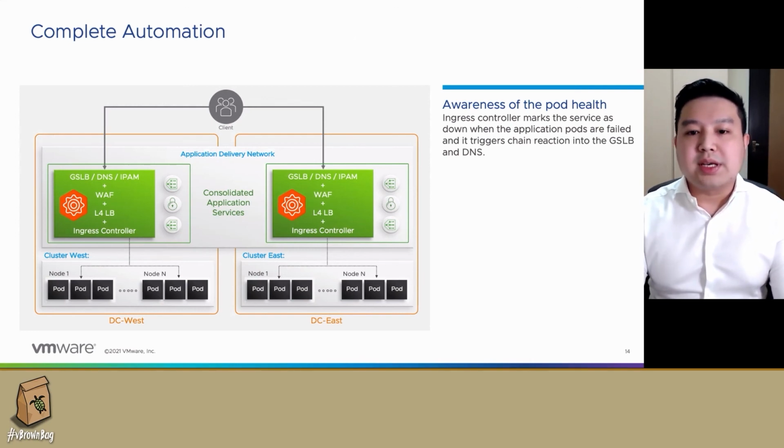When all pods in the deployment fail for a certain reason, the virtual service is marked as down. It will trigger a chain reaction into the GSLB and the DNS, for example, taking the DNS record out of the DNS server so that it won't resolve to that particular virtual service IP.